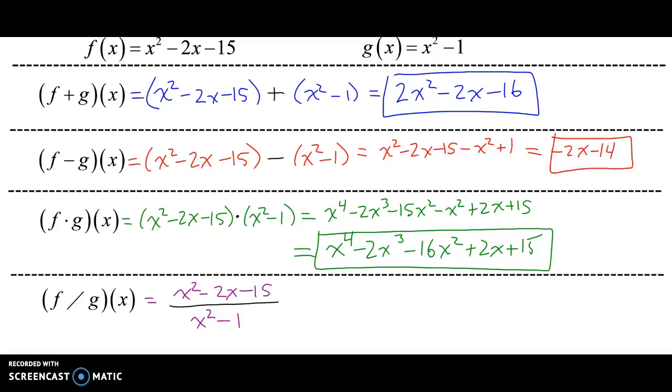Now in this case, with division, we have not really so much arithmetic to do as we've definitely got true algebra. We have to factor and reduce. So factor out the numerator. Let's see, x minus 5 and x plus 3. Factor out the denominator, x plus 1 and x minus 1, and there really isn't any reducing there.